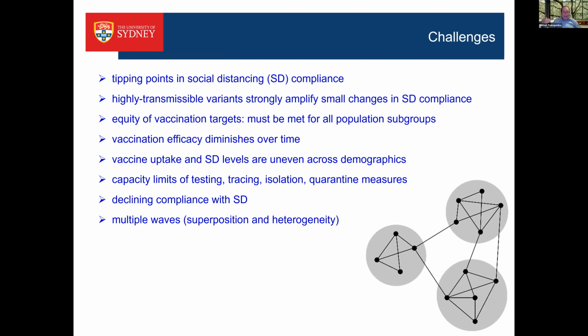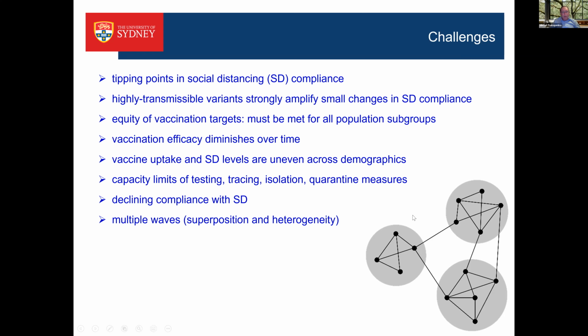We talked about vaccination efficacy, but it diminishes over time, and uptake and SD levels are uneven across demographics. And to succeed, they must be met for all population subgroups. So equity of vaccination targets is an important societal goal. Declining compliance with SD, fatigue, is important. Multiple waves start to interact here. So all of these are challenges.